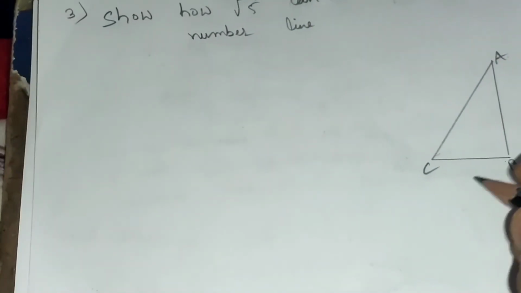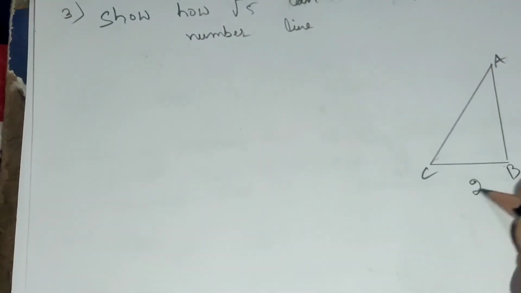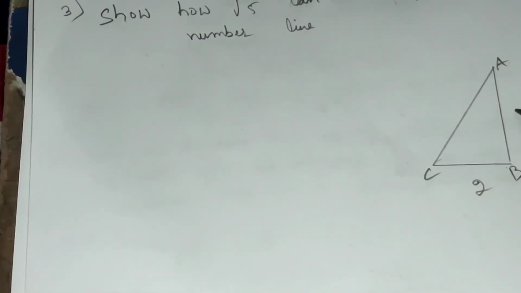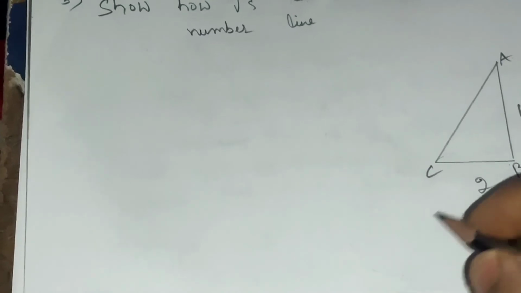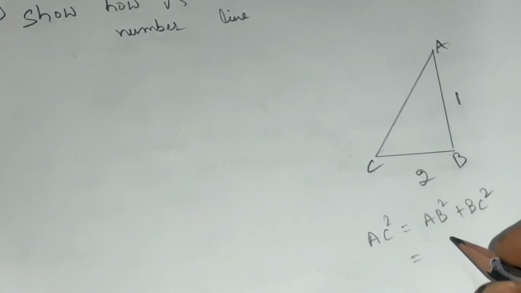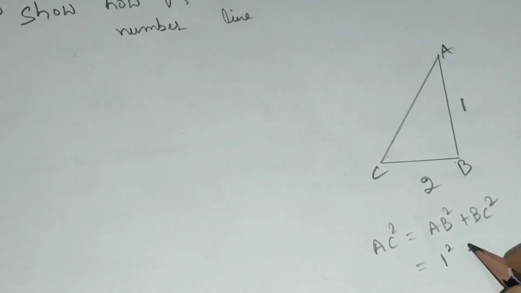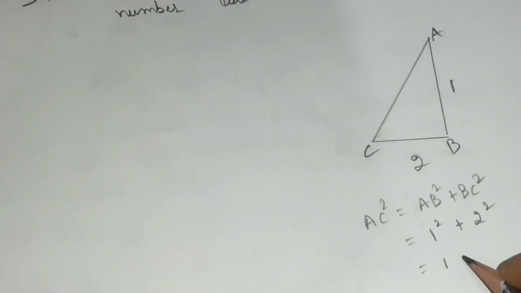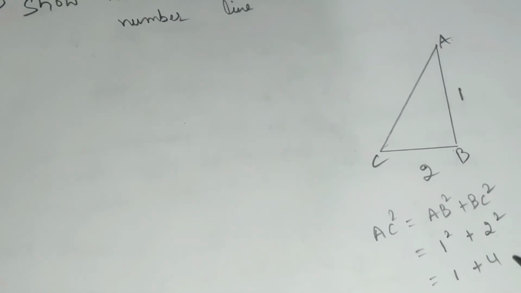If I take BC as 2 units and AB as 1 unit, let me see what is AC square. AC square is equal to AB square plus BC square. Now, AB is 1 square and BC is 2 square. Now, 1 plus 2 square is 4, so 1 plus 4 is 5.